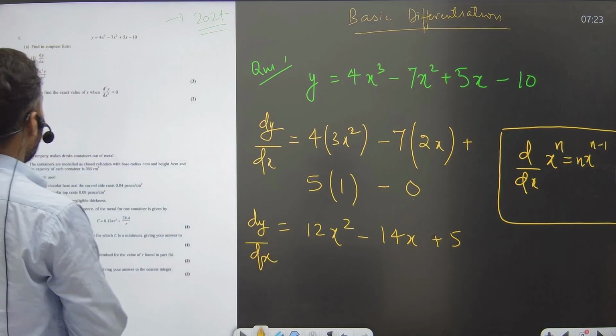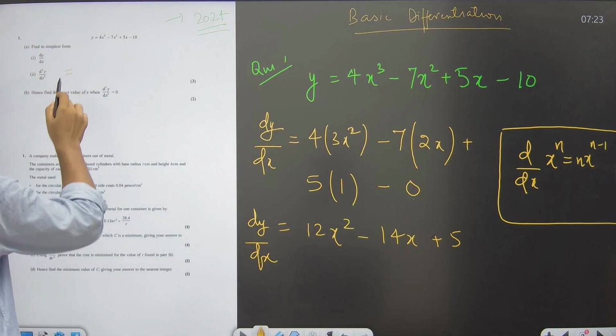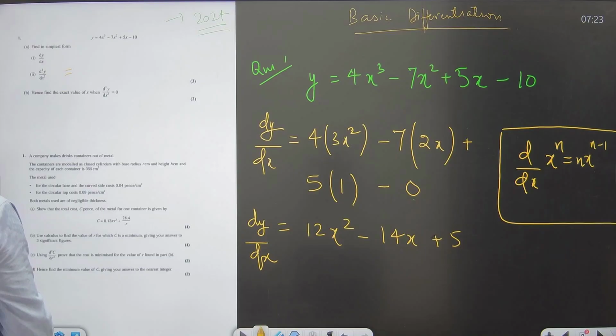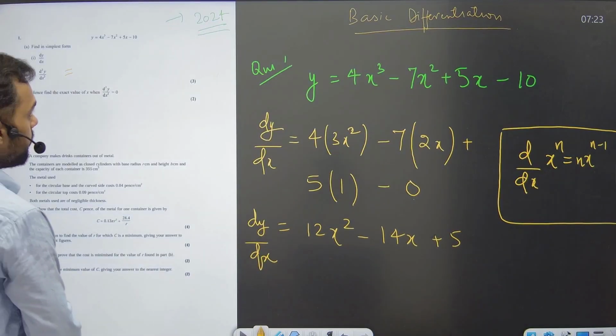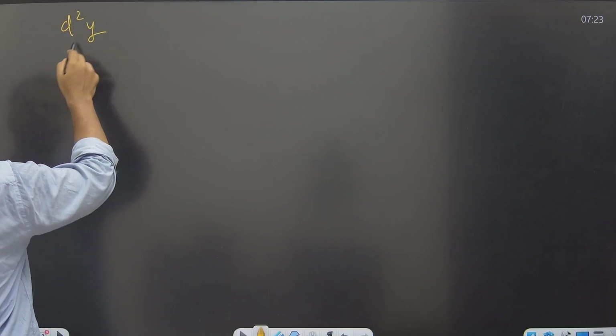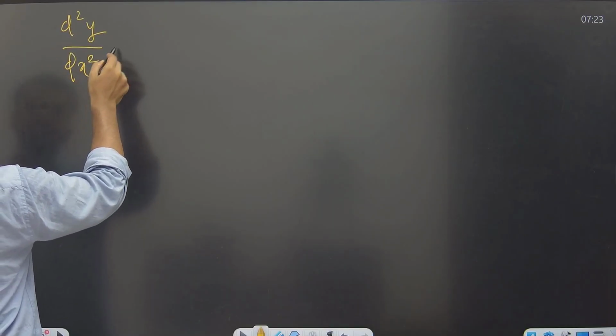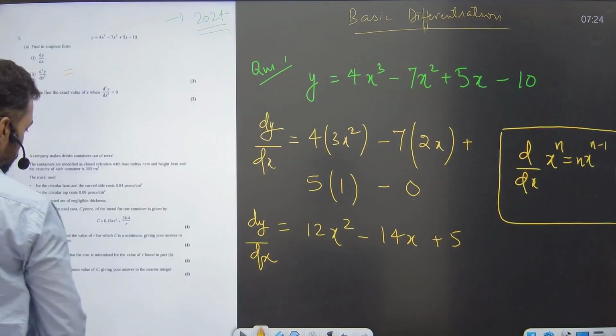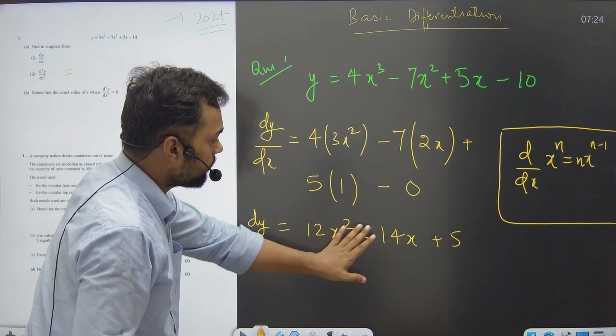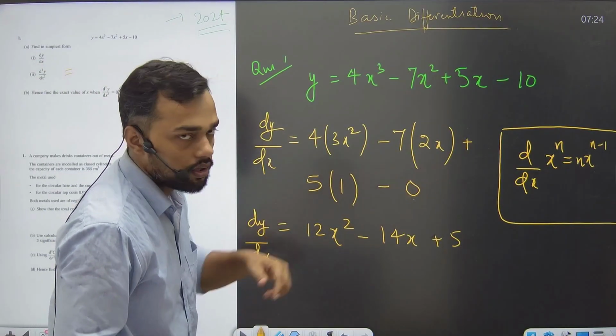In the second part, students, they have asked us to calculate d2y by dx2. What does it mean? We again need to differentiate the function we have got, applying the same formula.